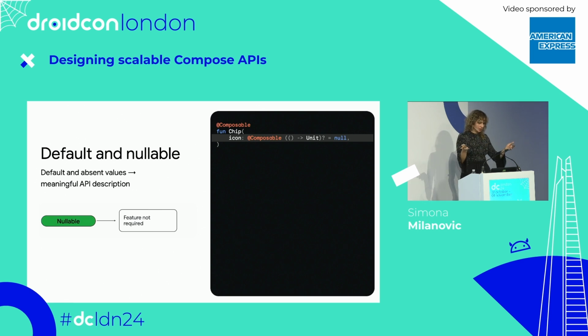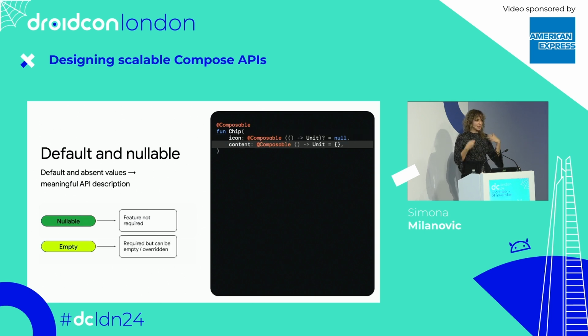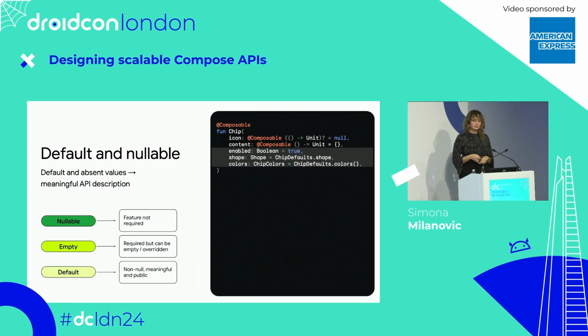The choice is going to be yours. A null value, however, is not the same as an empty one, because empty defaults signal that this API feature is required and can be used with an empty value, or be overridden with a more concrete one, based on your use case. All other default values should be non-null, meaningful, and also clear to the user.